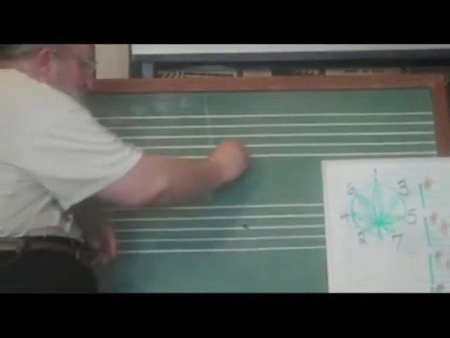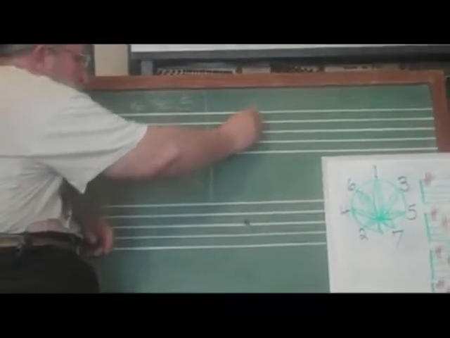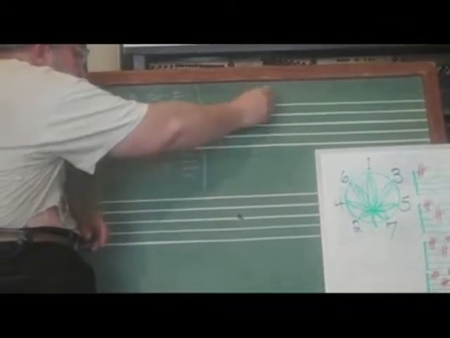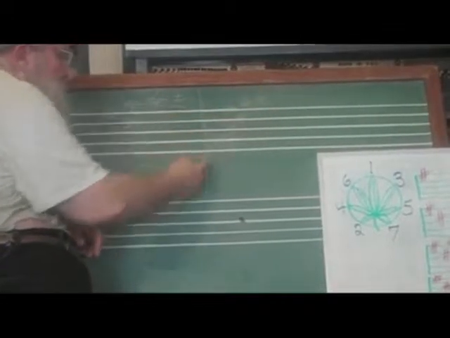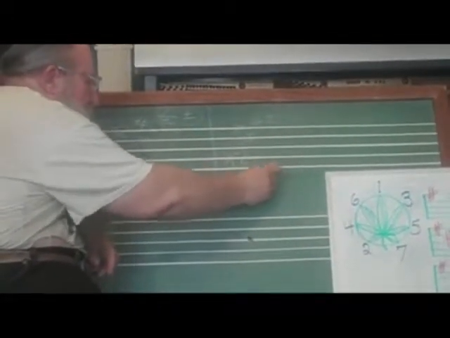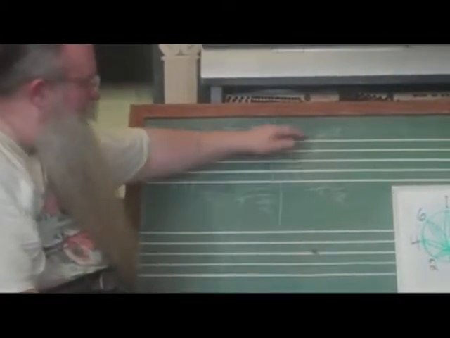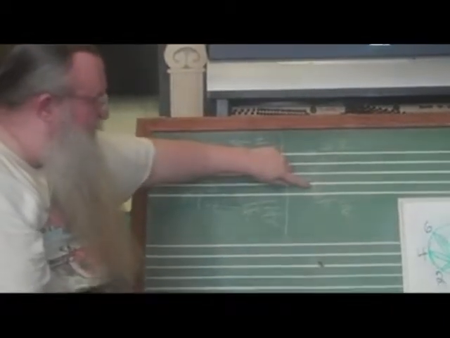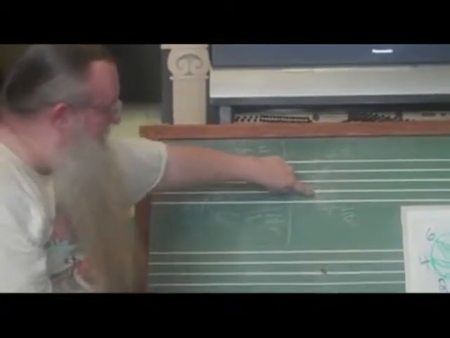Let's take a look and see what happens if the same pattern lands on the next line above it. This would be 1, 3, 5, 7, 1 ledger line is 2, and 2 ledger lines is 4, and going down, 6, 4, 2 ledger lines below, 2. So you can see we have a 2.5 octave bandwidth here by doing this, and now the number 1 is starting on this line here.